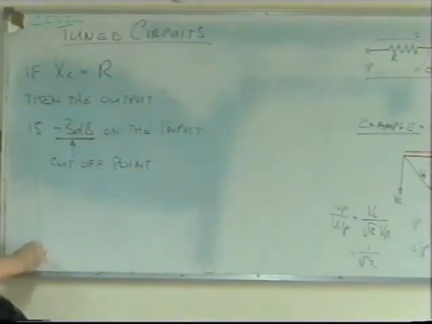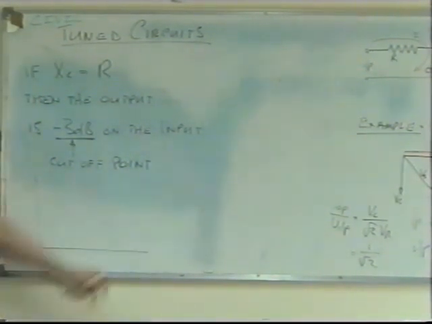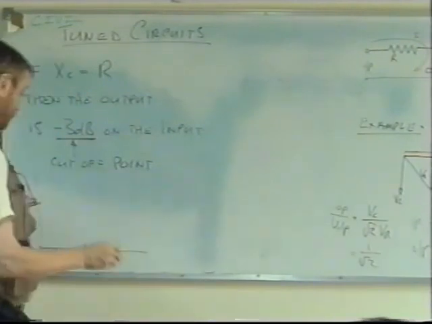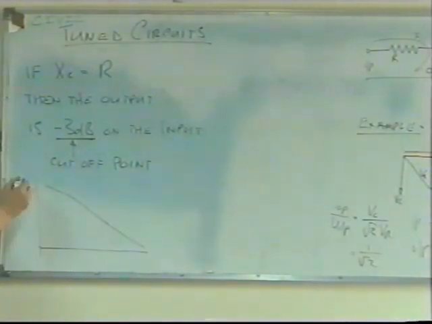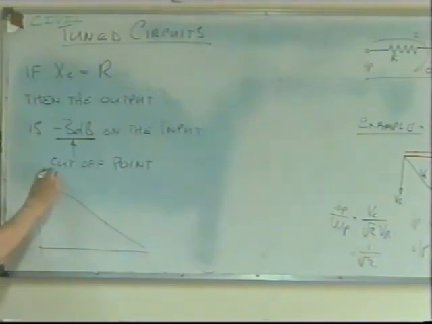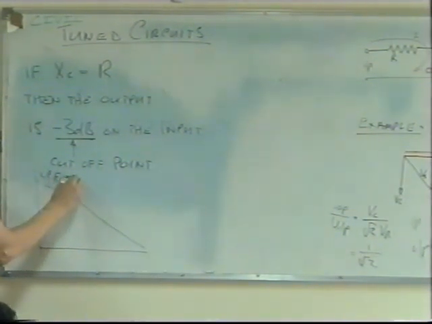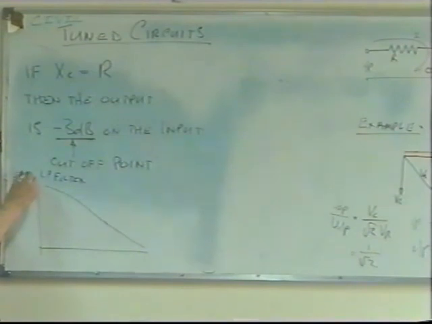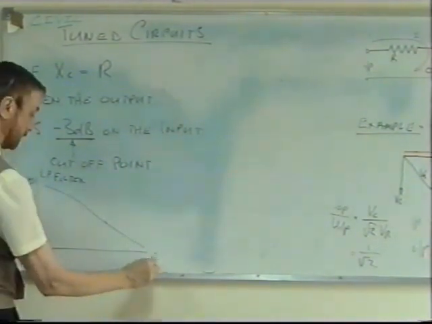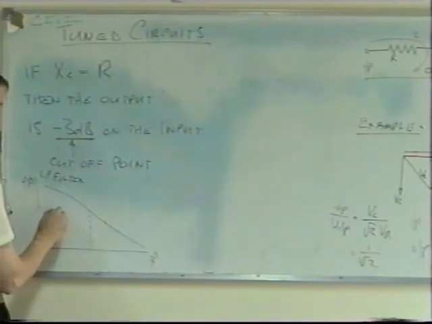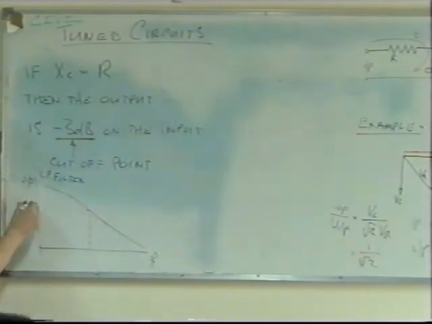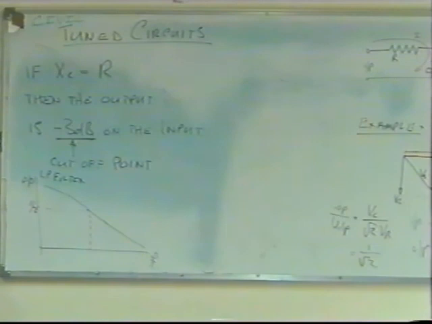If I was to draw a graph of this, remember that this is a low-pass filter, so we're going to get a graph something like this. Okay, this is our low-pass filter, where the output is plotted against frequency. At a certain frequency, the output power is half the input power.